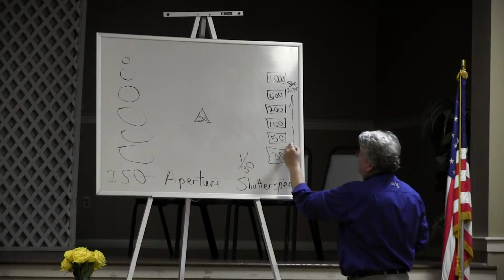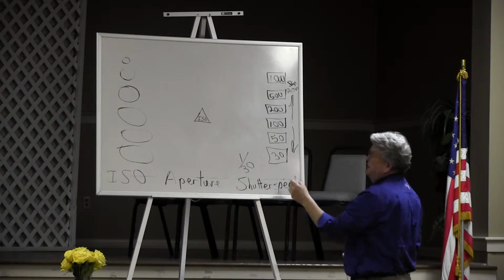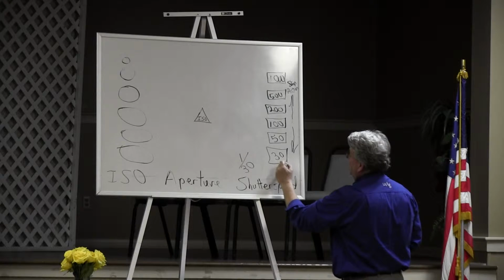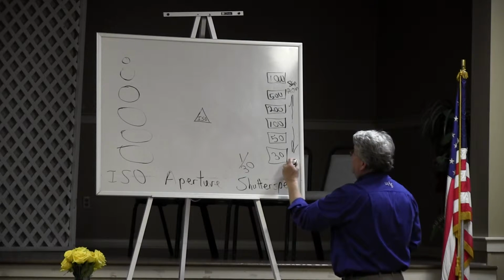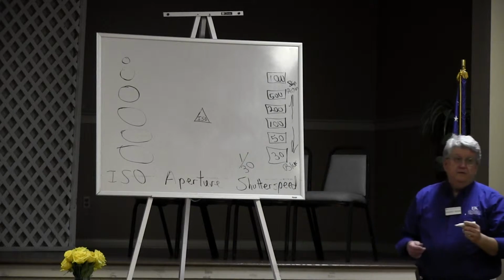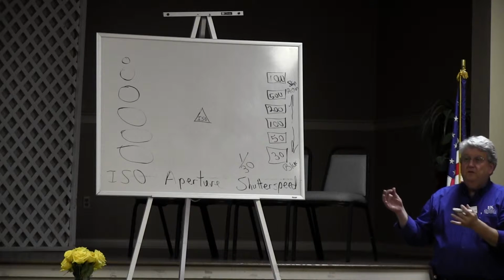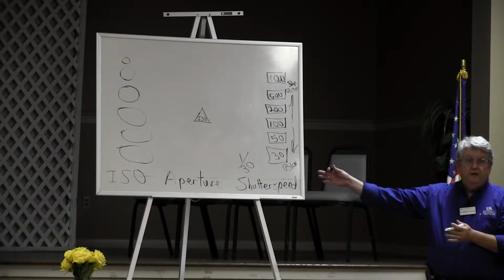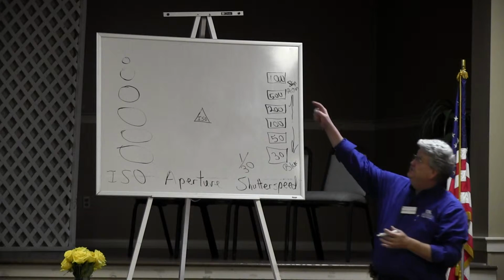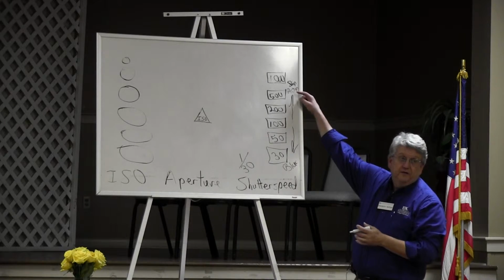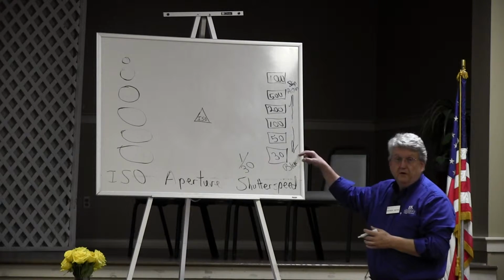This way, if we go down, slower shutter speeds are going to get blurred. Now, blur isn't necessarily bad. It's an artistic expression. If you want blur, that's how you know how to create it. If you want to stop action, you know you have to shoot faster. If you want to blur, you shoot slower.